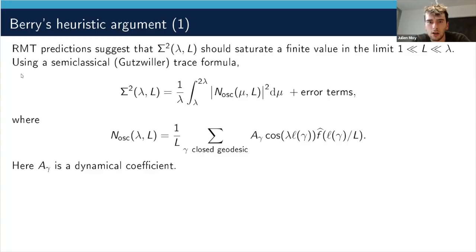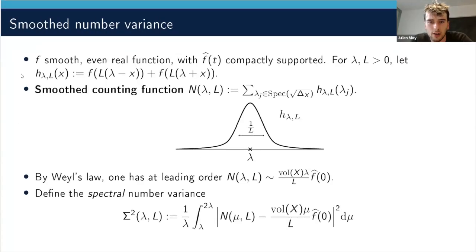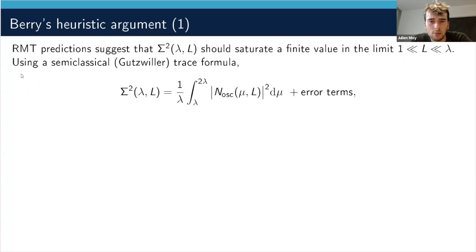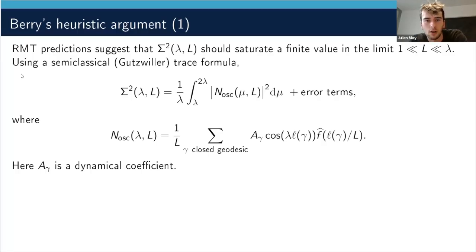Essentially, N of lambda, L can be expressed as a Weyl term, as I said before, plus some oscillating sum that I wrote here. So the difference between the true counting function and the Weyl term is given by a sum over closed geodesics. What does it look like? There is a dynamical coefficient that I denoted A gamma, that is related to the instability of the periodic orbit.